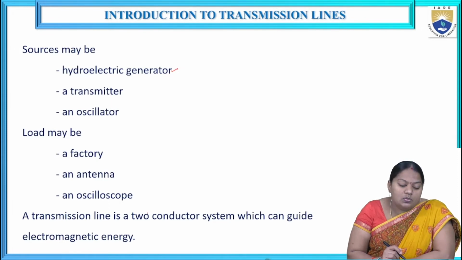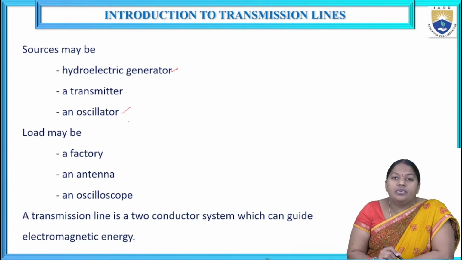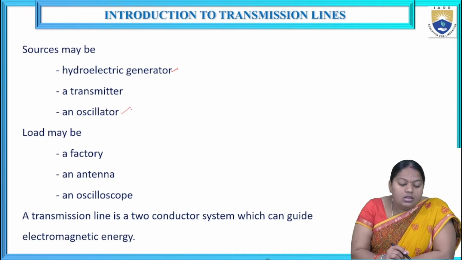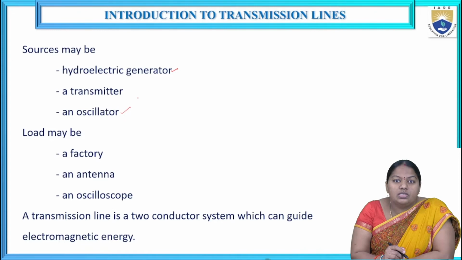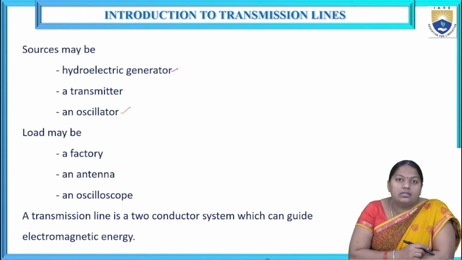And an oscillator, which is also a device able to generate different types of signals, always sinusoidal oscillations. So examples of sources are a hydroelectric generator, a transmitter and an oscillator.